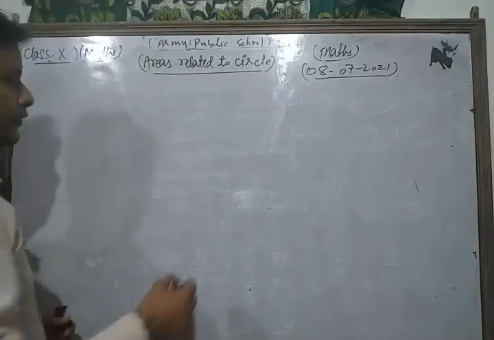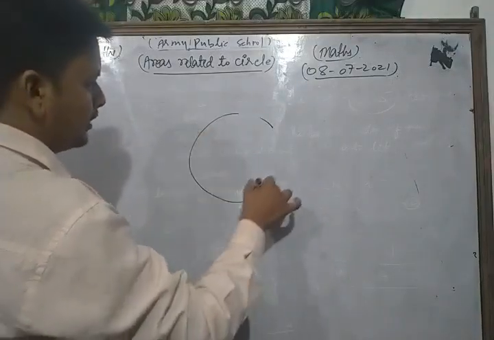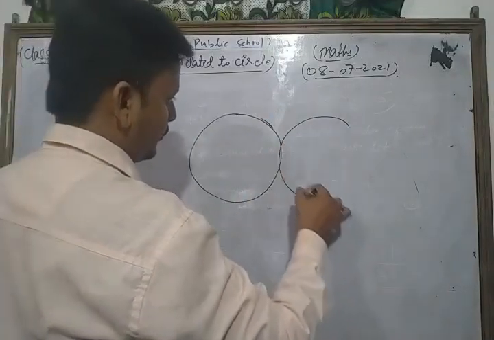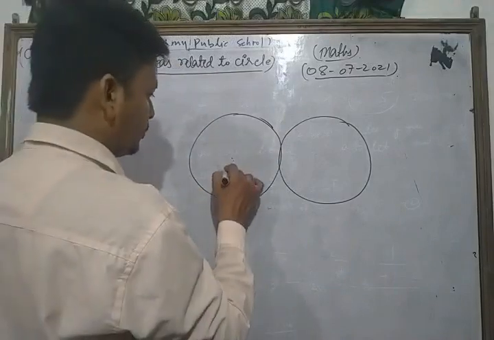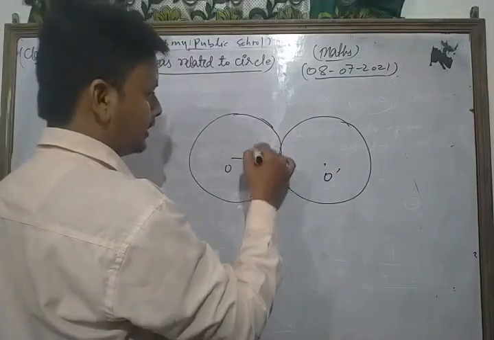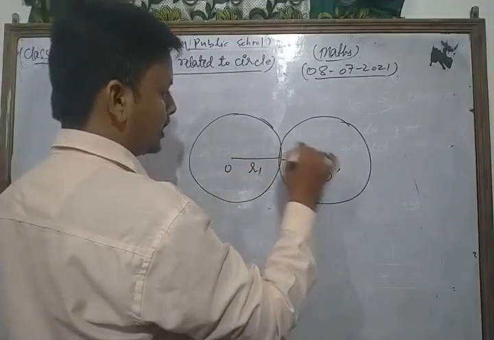Dear students, let us discuss once more: if two circles touch externally, suppose their centers are O and O dash, and let the radii of the first circle be r1 and of the second circle be r2.